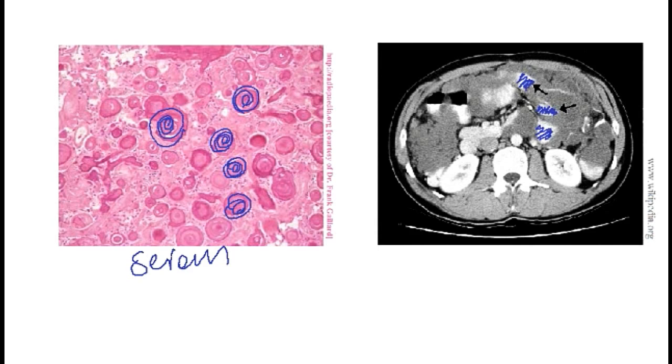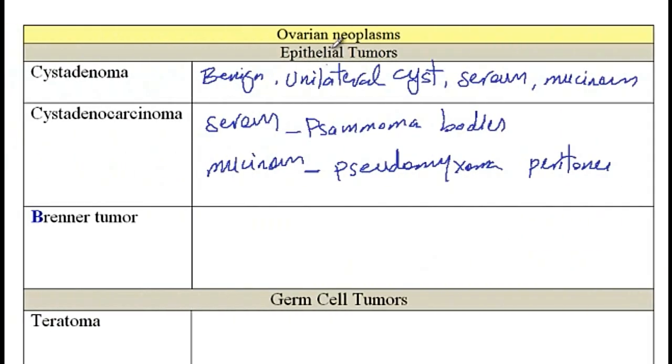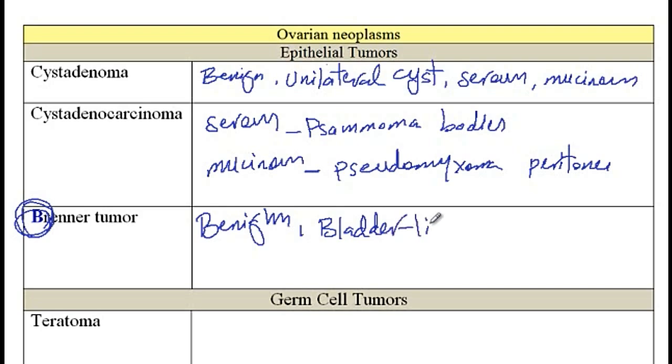The next form of ovarian epithelial tumors is Brenner tumor, and this B goes for the mnemonic that you can use for being benign, bladder-like epithelial cells, and finally coffee bean nuclei.